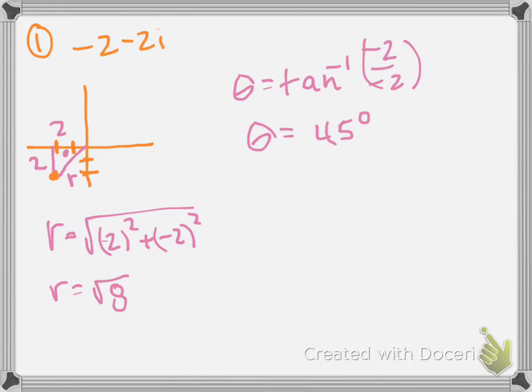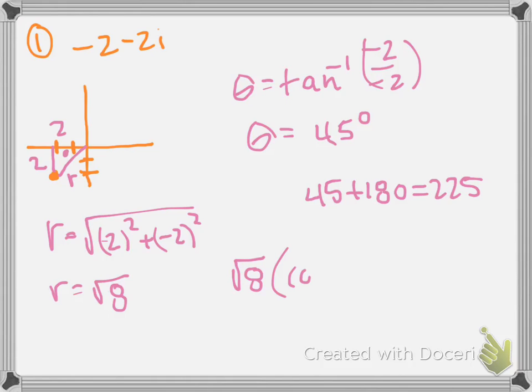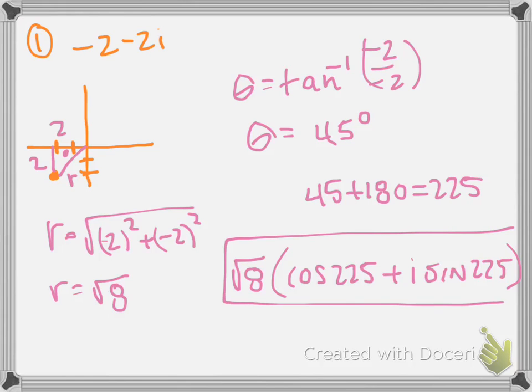I cannot report something in the third quadrant with 45 degrees, so I do 45 plus 180 is 225. So now I'm ready to write it in trig form. I have the square root of 8 times cosine of 225 plus i sine 225. So I have my answer. Easy.